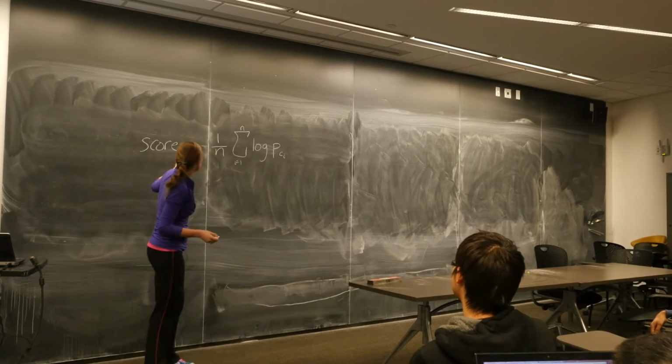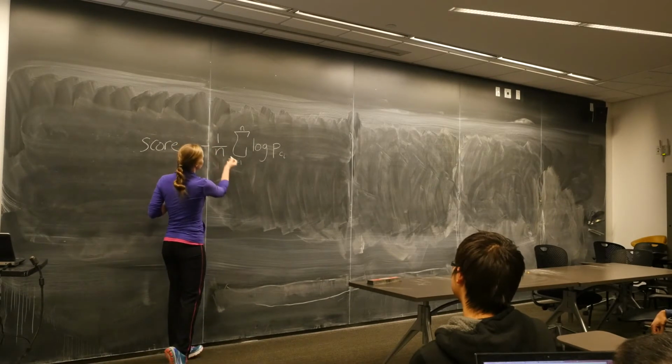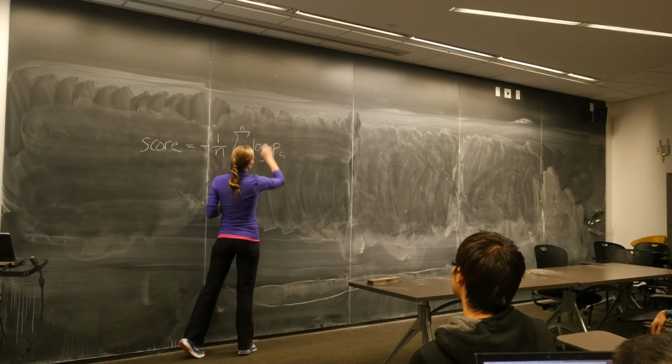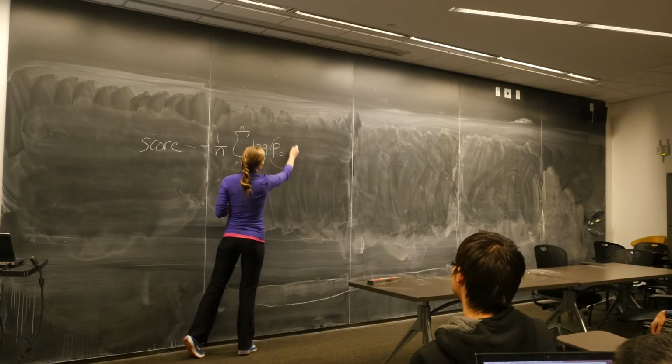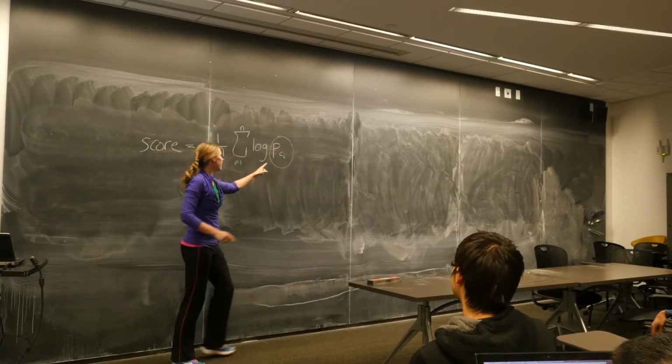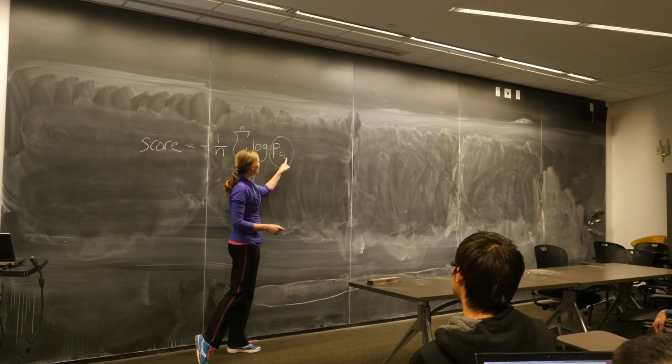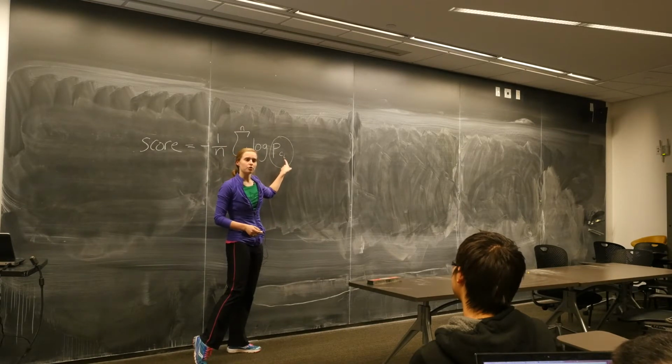What this is actually looking at is that you're taking the log here, from your predicted probability file, of your predicted probability for the true class.